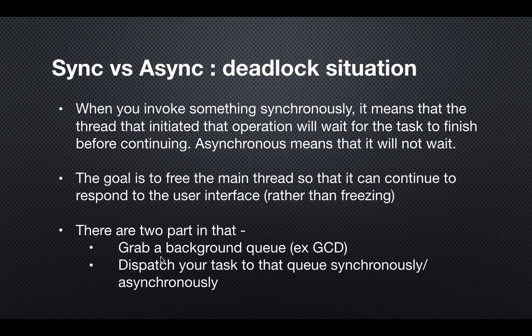We grab a background queue. For example, in GCD we'll create a background queue, and then we will dispatch your task to that queue either synchronously or asynchronously. It depends on your requirement, but it is always recommended to do background operations asynchronously so that it is much faster.